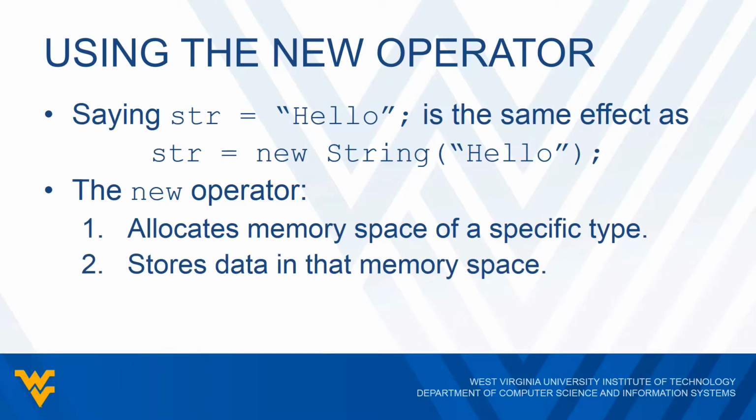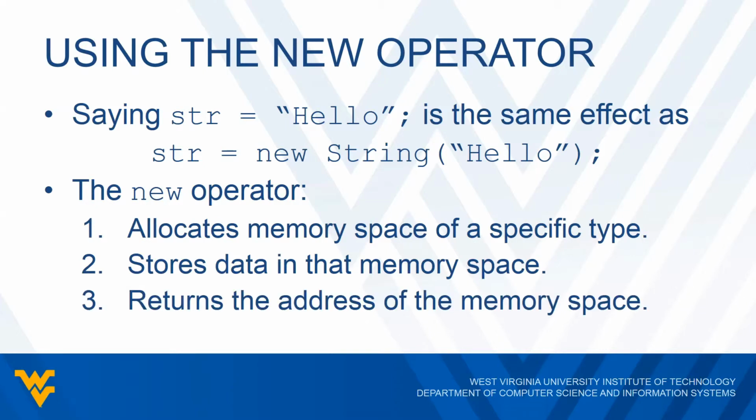We're then going to store that data in the memory space. So far it doesn't sound any different than variables. But the last step is the key difference: we create the memory, we store data in that memory cell, and then we return the address of that memory space. It is a new operator, so it does return something. It evaluates to an address that points us to wherever our string data is.